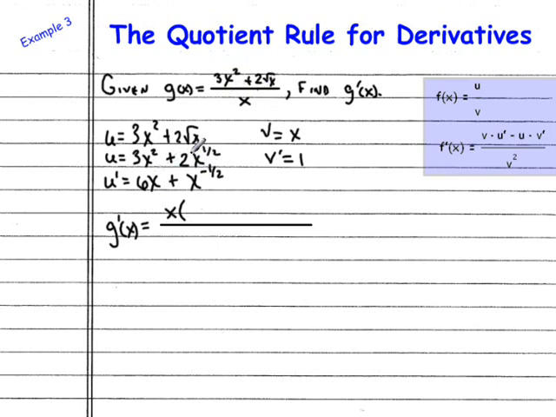We had to almost go through this process. So derivative of the numerator, u prime, is 6x plus x to the power negative 1/2. And then it's minus the numerator, which is u, 3x squared plus 2 times the square root of x. It appears that we need to lengthen this division bar.